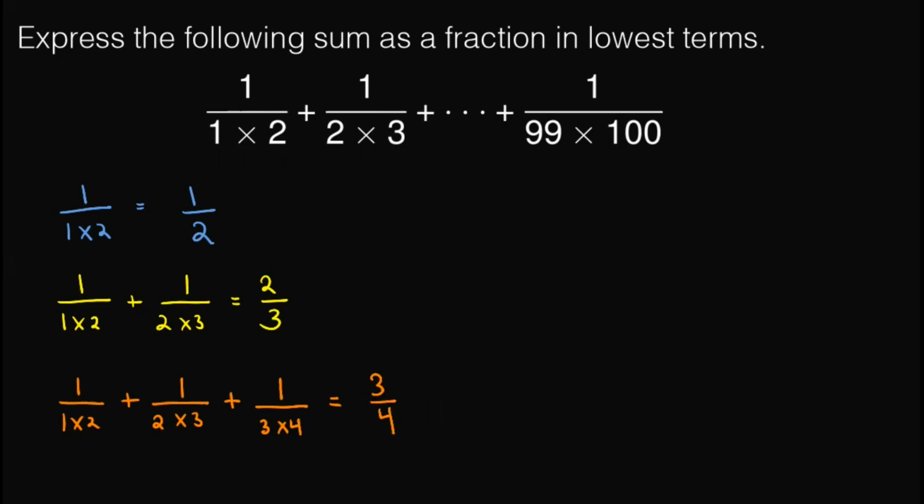Observe that in fractions, this first number out here represents the numerator, and this number out here represents the denominator. And the same applies for the following observations. Observe that this 2 here is the numerator here.